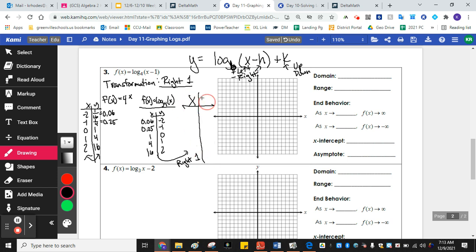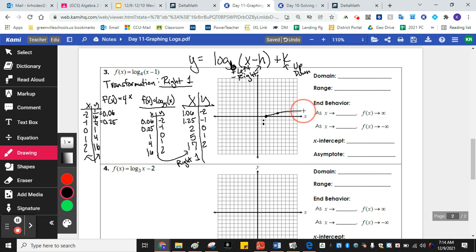So here's what I'm actually graphing. 1.06, 1.25, 2, 5, 17. Okay, so 1.06, just a little bit over, down 2. 1.25, negative 1. 2, 0. 5, 1. 17, 2. So way off the graph, it's going to 2.